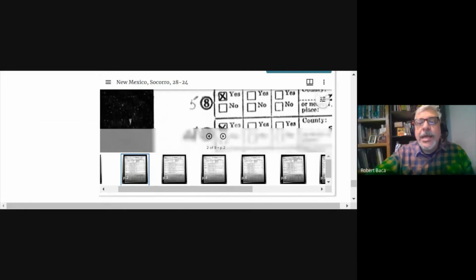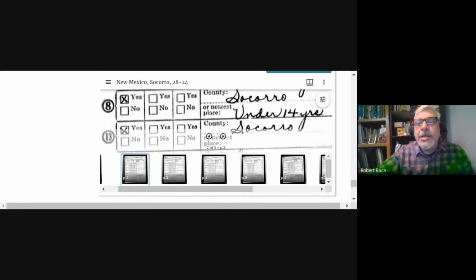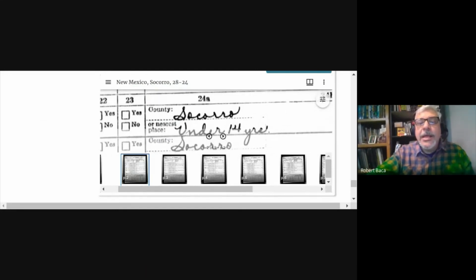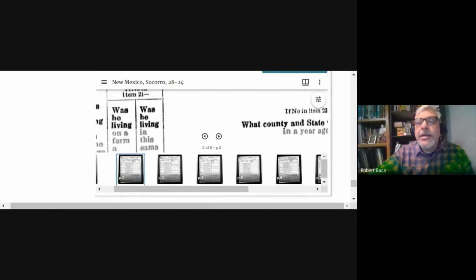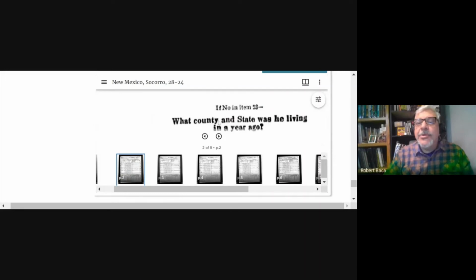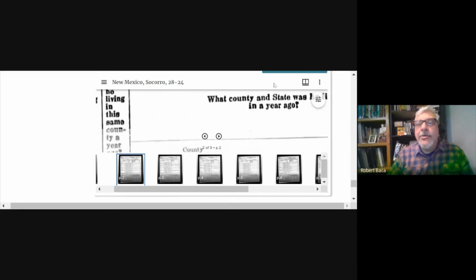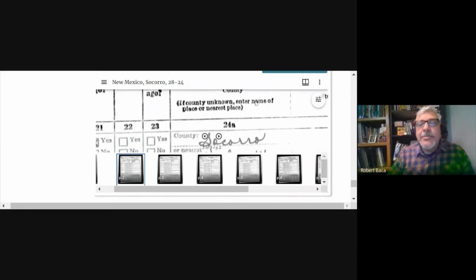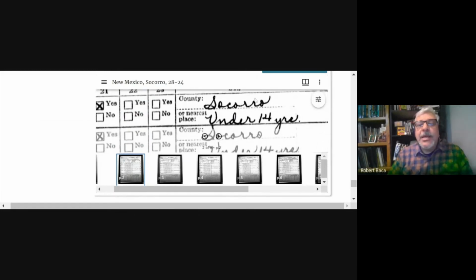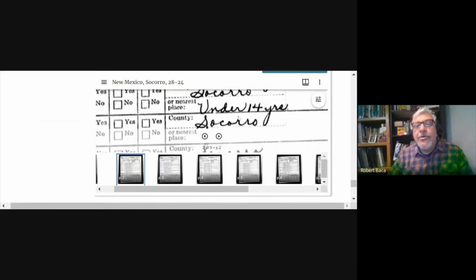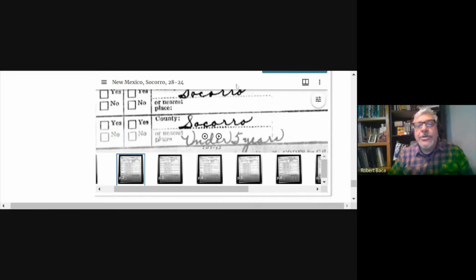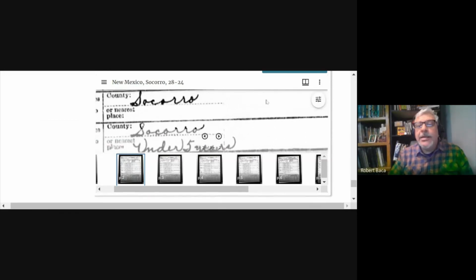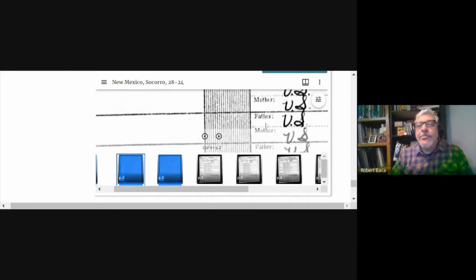So you got 3, 8, 13, etc. And if you go over here, they ask questions like what county and state was he living in a year ago? Again, they like to use he when they mean she sometimes. And then they tell you where. Socorro, that's the county. Looks like everybody that they questioned there was living in Socorro a year prior.